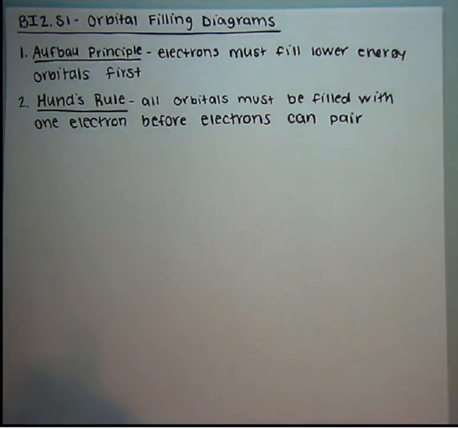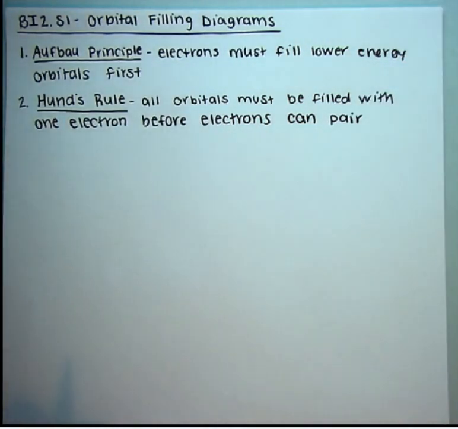So we learned last lesson that each orbital could hold 2 electrons, but we are not going to pair up 2 electrons in a single orbital until every orbital is filled.